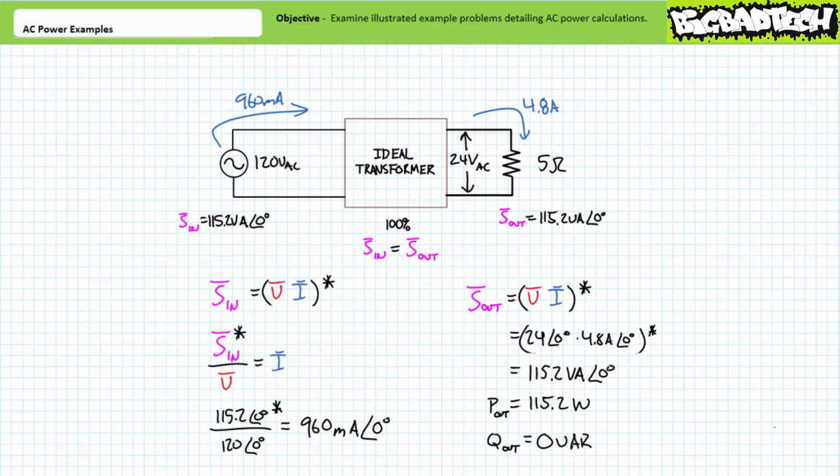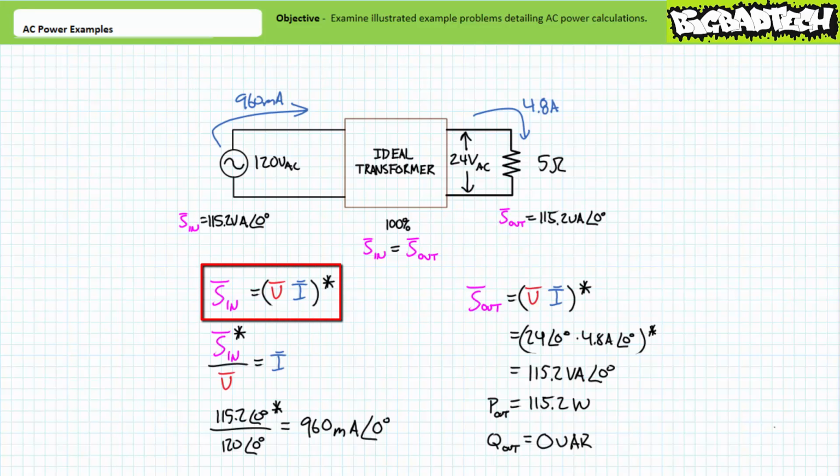If the transformer was truly 100% efficient, power in should equal power out. Given power output has been calculated to be 115.2 volt amperes at an angle of 0 degrees, one might expect power input for a 100% efficient device to be also 115.2 volt amperes at an angle of 0 degrees. Let's now solve for the current drawn from the residential supply.